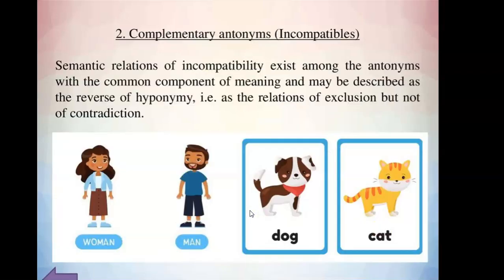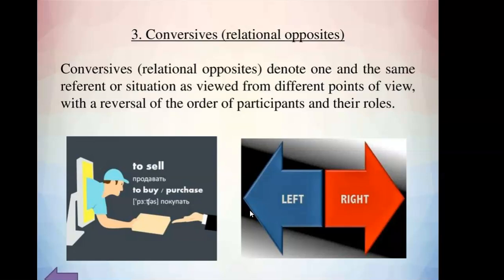So, complementary antonyms, or incompatibles. Semantic relations of incompatibility exist among the antonyms with a common component of meaning, and they may be described as the reverse of hyponymy, as relations of exclusion but not of contradiction: woman, man, dog, and cat, for example.